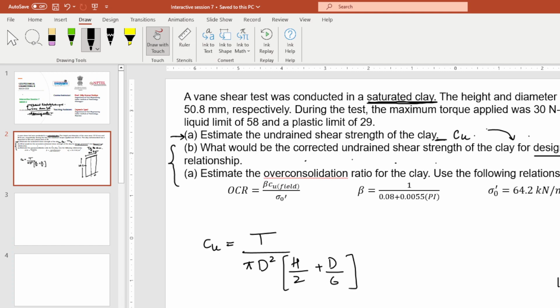This will be Cu equals 30 into 10 to power 3, let's write in Newton mm, over pi, 50.8 square.